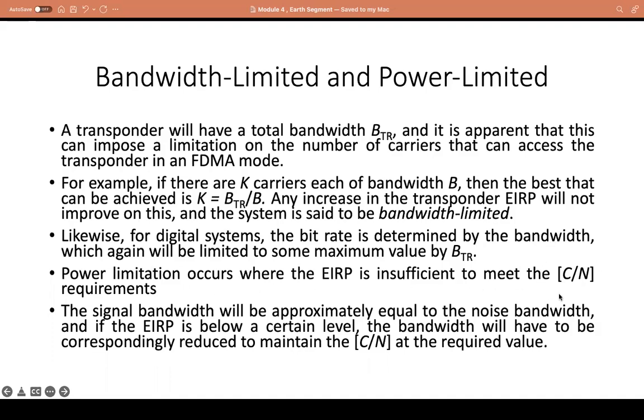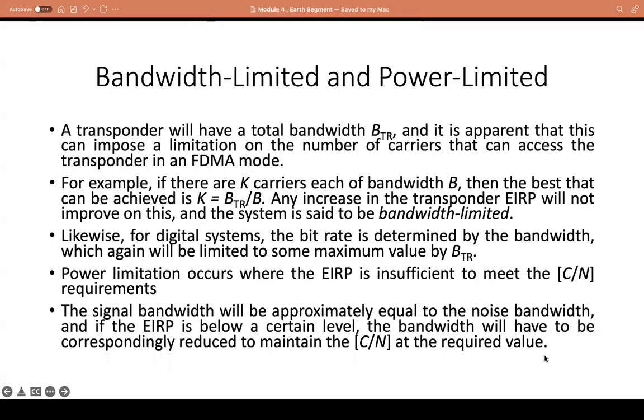We need to think of the carrier to noise ratio as well. The signal bandwidth will be approximately equal to the noise bandwidth, and if EIRP is below a certain level, the bandwidth will have to be correspondingly reduced to maintain the C/N ratio at the required value.